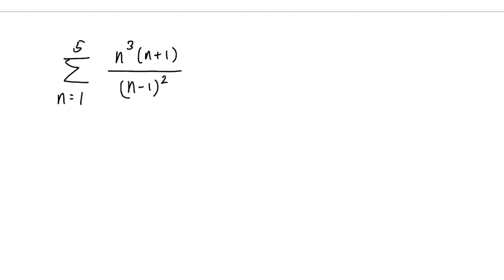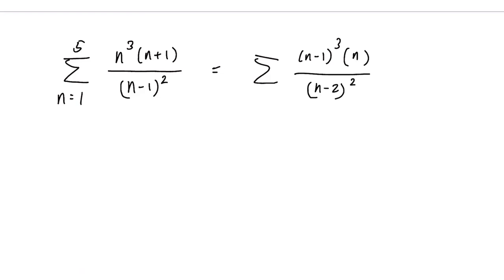Now, if I rewrite this as n minus 1 cubed, and then n minus 2, if I want it to be equal, n equals question mark and question mark. Let's call them A and B. What is my A? What's my B? Can you see the pattern?